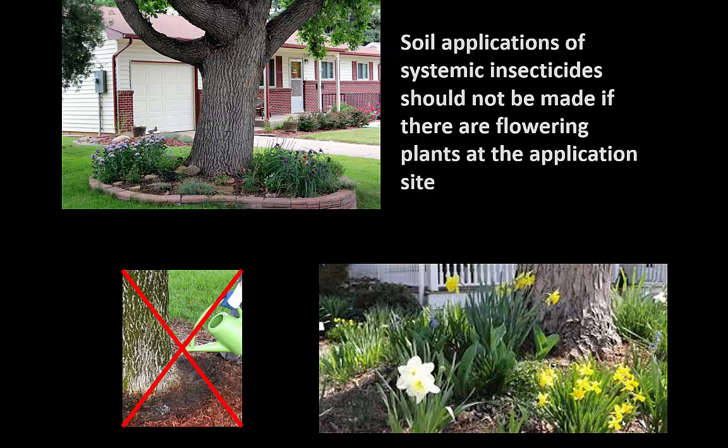Were you to use a soil drench at the base of this tree, then all of those flowering plants would subsequently be picking up residues of this insecticide that then could be translocated into the nectar and pollen and cause potential hazard to pollinating species. So if that's the situation, you need a plan B. And there are plan Bs, and there's a plan C.